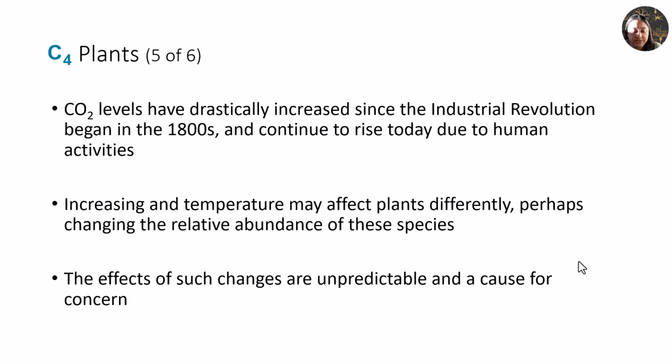So this increasing carbon dioxide and temperature may affect plants differently, perhaps changing the relative abundance of these species. The effects of such changes are unpredictable and are a cause for concern. We're messing up nature, basically.